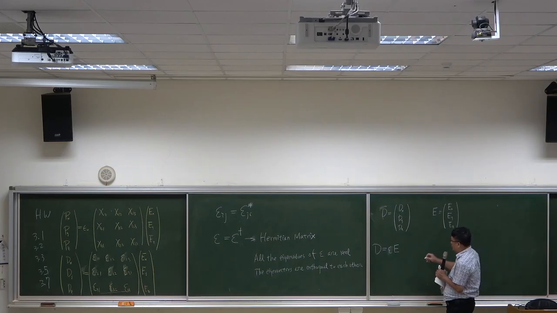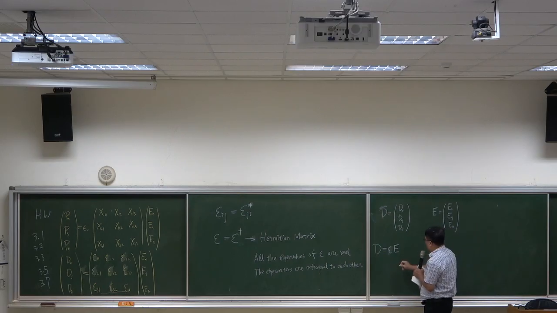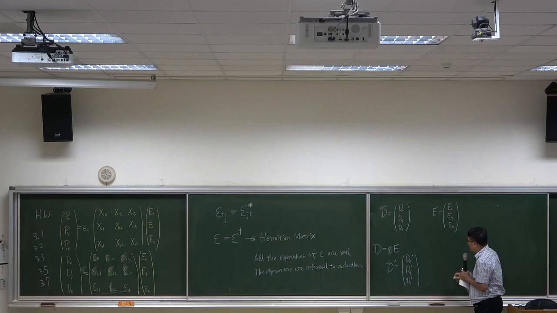Now I change coordinate system from x, y, z to x prime, y prime, z prime. Then I can write the new components of D as D prime. D prime is Dx prime, Dy prime, Dz prime. Okay, and E prime is Ex prime, Ey prime, and Ez prime.